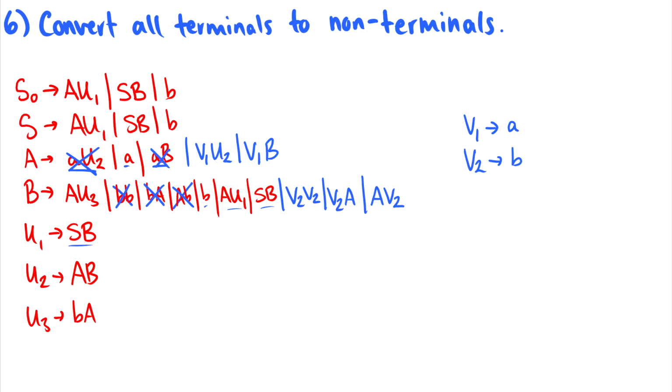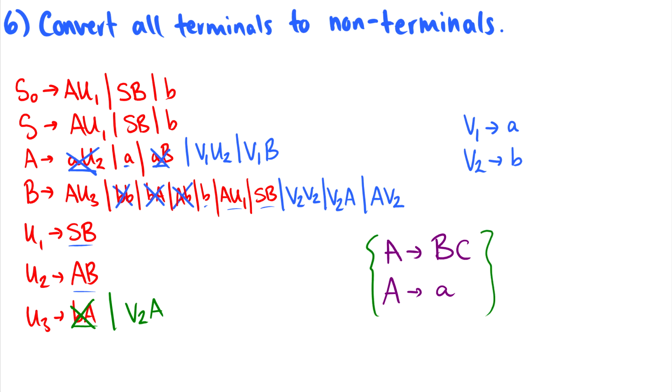AU1, SB is fine, AB is fine, but here we have another issue because we have a terminal and a variable mixed together, so we want to get rid of that and replace that with V2A. So now all of our rules are of these forms. We have A going to BC, or we have A going to a terminal. And now we can say that it is in Chomsky normal form, because it's either one of these two forms.